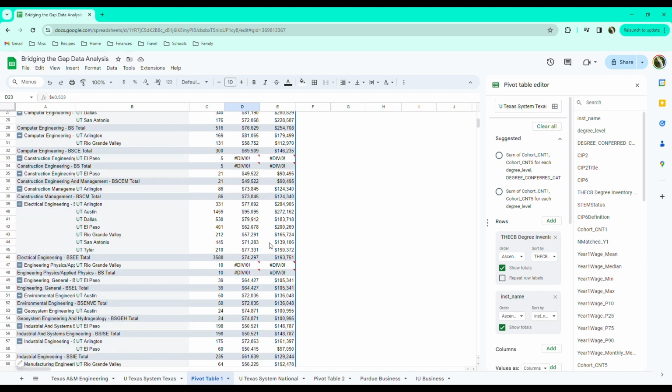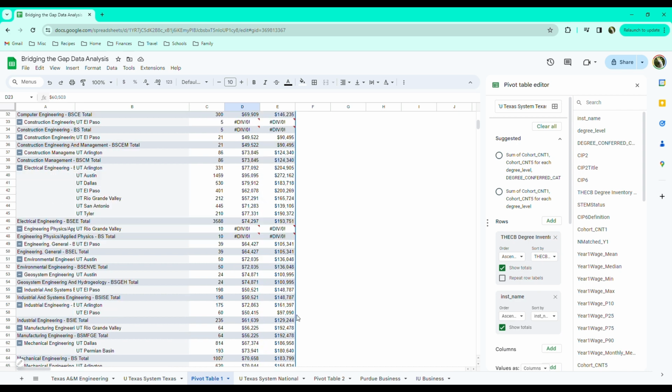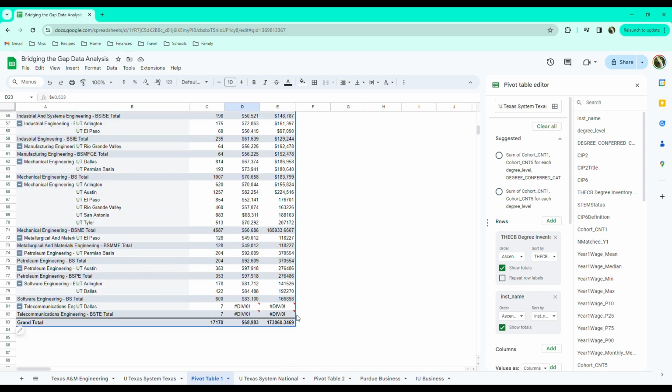Other schools, like electrical, a number of different schools offer that, and you can see that grads from Austin make significantly higher than the grads from the other schools. But $77,000 from Tyler is very respectable. 79,000 from Dallas. Same with Arlington.